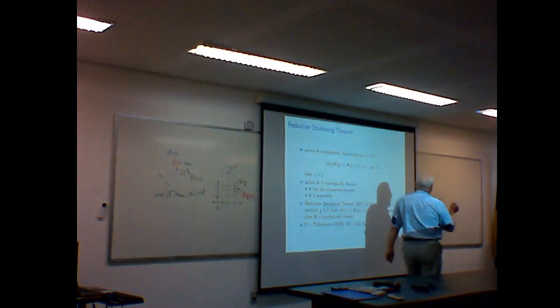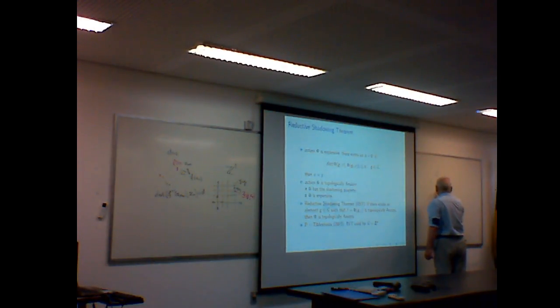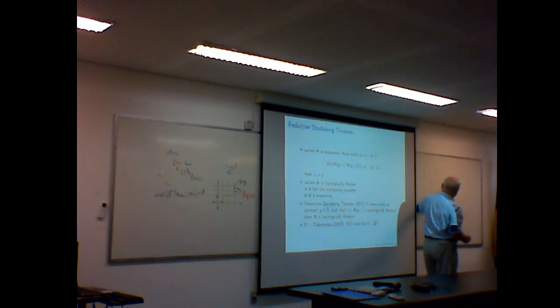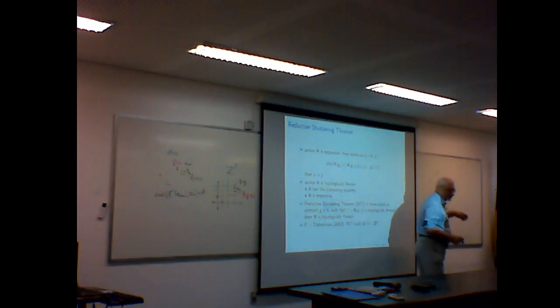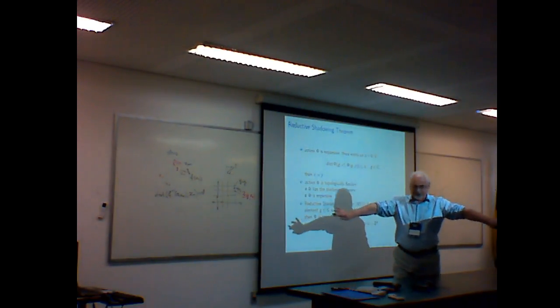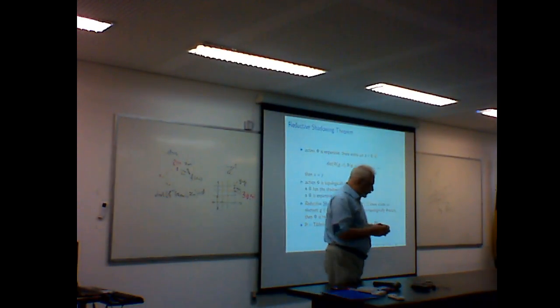If this was g, this was s g, then phi_s maps the shadowing trajectory to the shadowing trajectory. And then you extend this to the whole group.